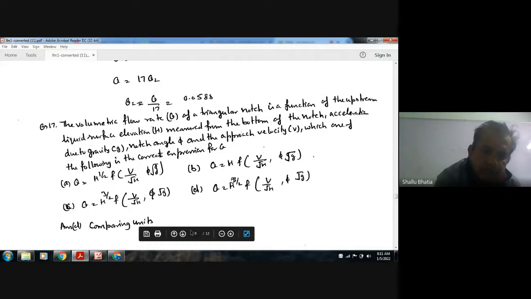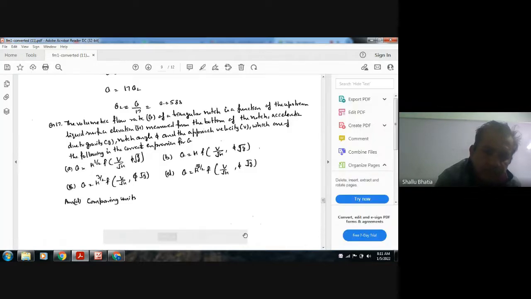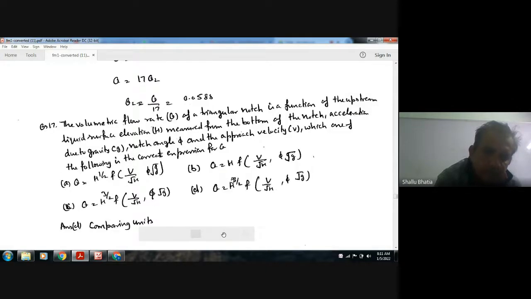So this question can be solved by comparing the units. Here we can see that if we multiply this V by root h with h to the 5/2, we get h to the 3/2 into V. V can also be written as root gh. Then it will be h cubed, so the unit is h cubed per second.